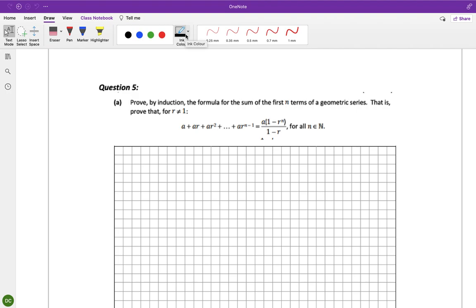Okay, so we go through our steps. Our basic step is where we prove that the statement is true for n equal to 1. It does say all natural numbers, so n equal to 1 is the first or most basic step.